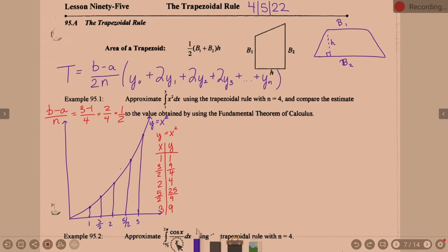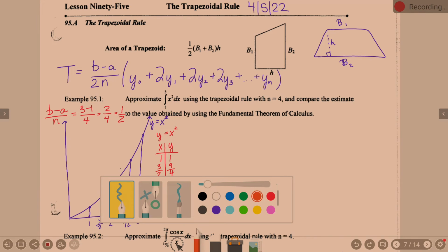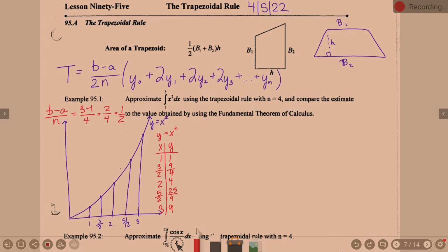I think I've done all the preliminary work. The idea is that when x is 1, that y value has a height of 1.